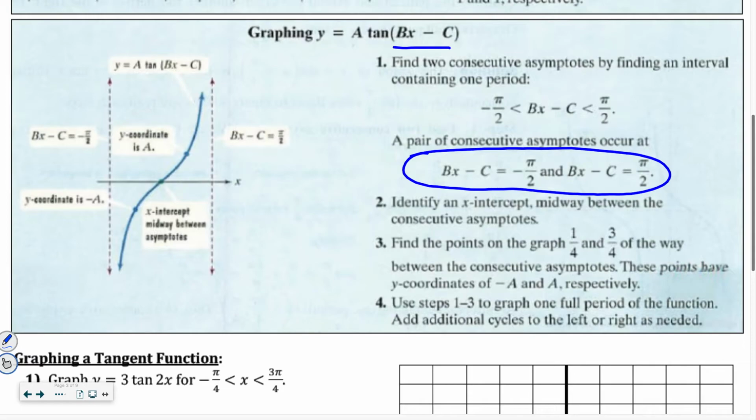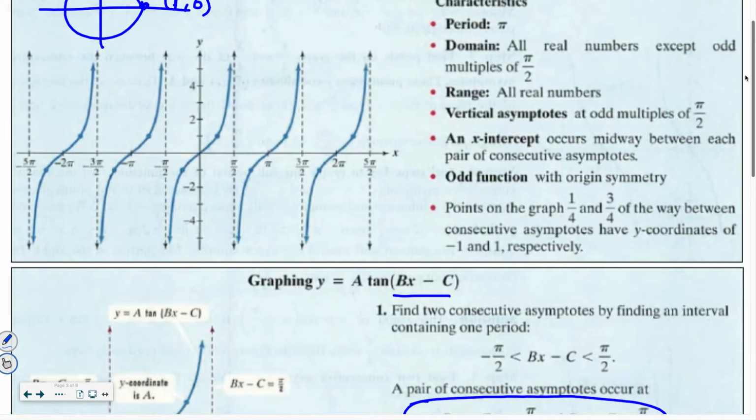We're going to set the argument of tan equal to negative pi over 2 and pi over 2. Because if you look at our parent function, tan of x, our first asymptote happens at pi over 2, and our first negative asymptote happens at negative pi over 2. So we're setting the argument of tangent equal to those two values to figure out what the new values would have to be to make it blow up.